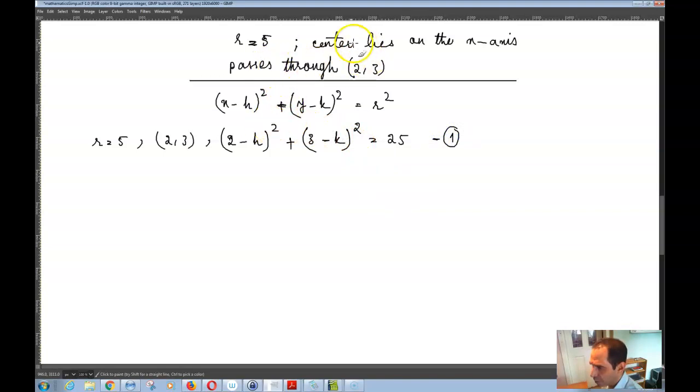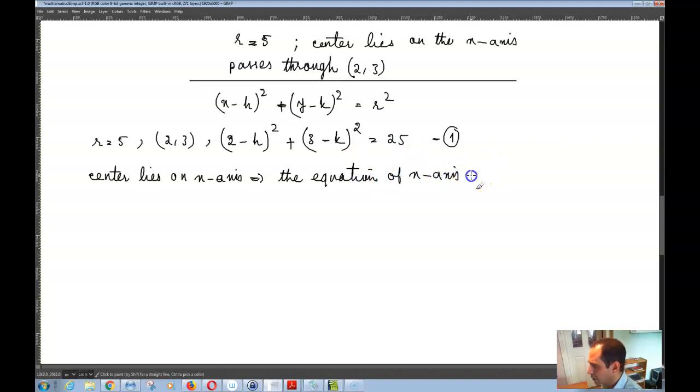And basically the center lies on the x-axis. If the center lies on the x-axis, then the equation of the x-axis is, well, this is the x-axis and the equation is y is equal to 0. The x-axis is basically y is equal to 0.